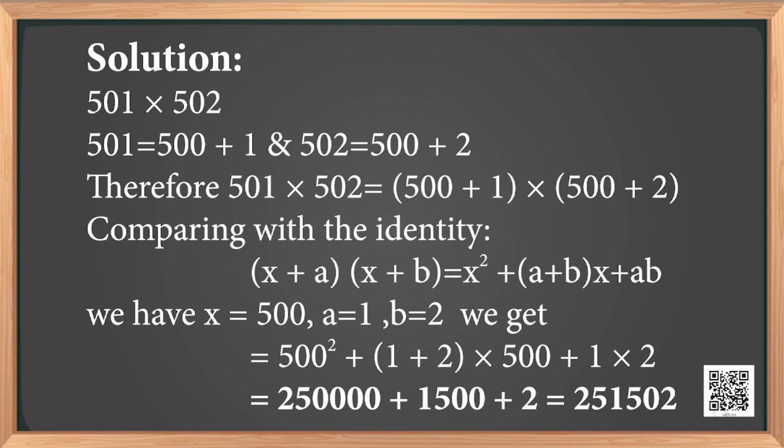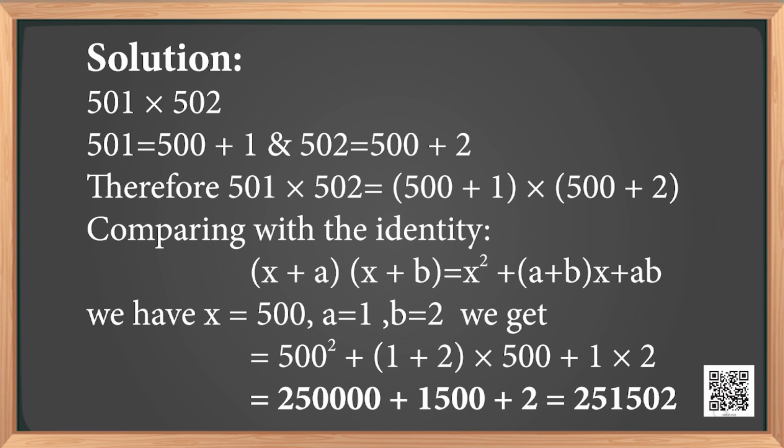How can we write 501 and 502 as sums of two numbers? Good, you are right. 501 is equal to 500 + 1 and 502 is equal to 500 + 2. Therefore, 501 × 502 is equal to (500 + 1)(500 + 2).